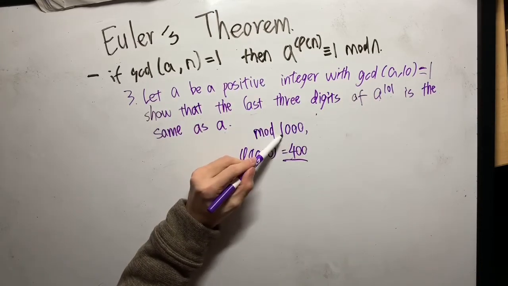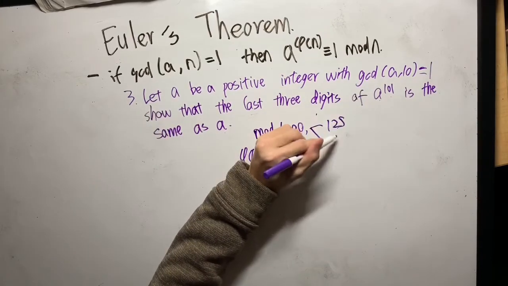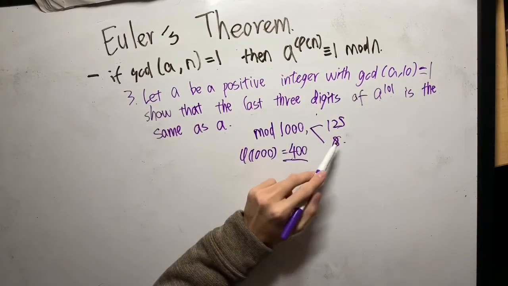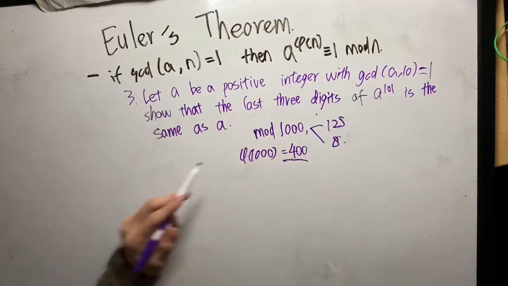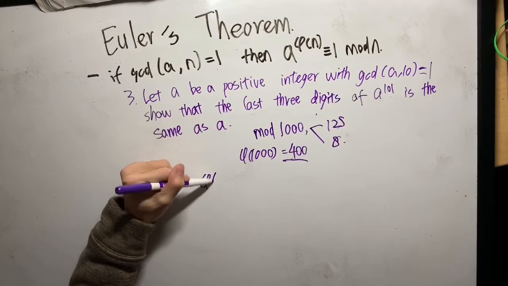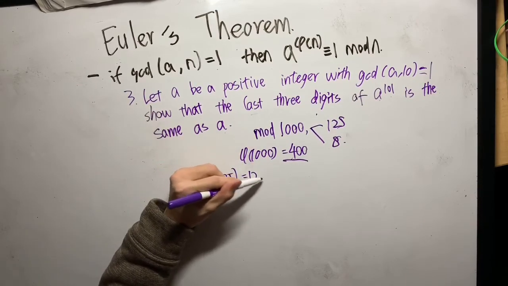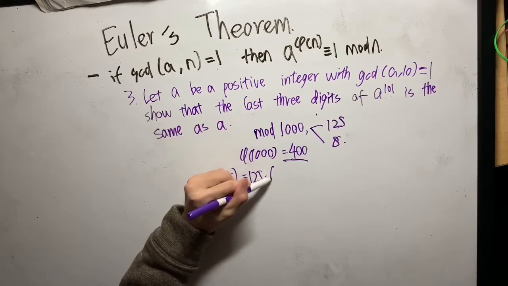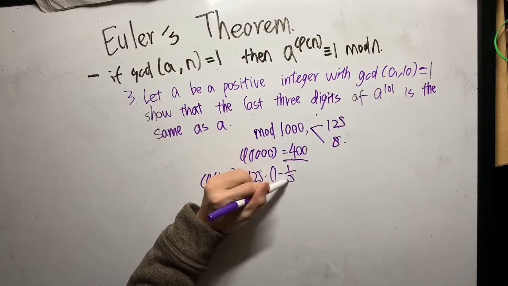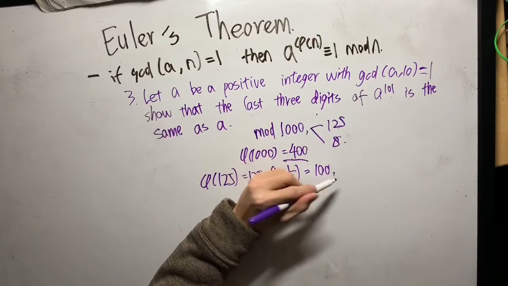But for 1000, we can split 1000 into 125 and 8, and we find each individually. So first, phi of 125 equals 125 times (1 minus 1/5), which equals 100.